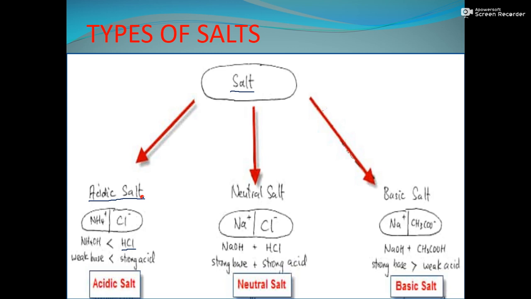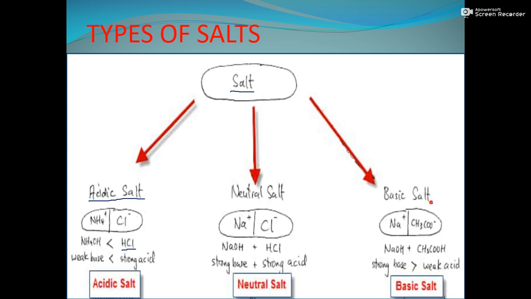It has a logic, because when this salt is going to dissolve into water and we check it with the help of pH, then obviously the strong part will show its indication. That's why the name is given to that particular salt. So in this case, as we have used a strong acid, the type of the salt formed is acidic salt.